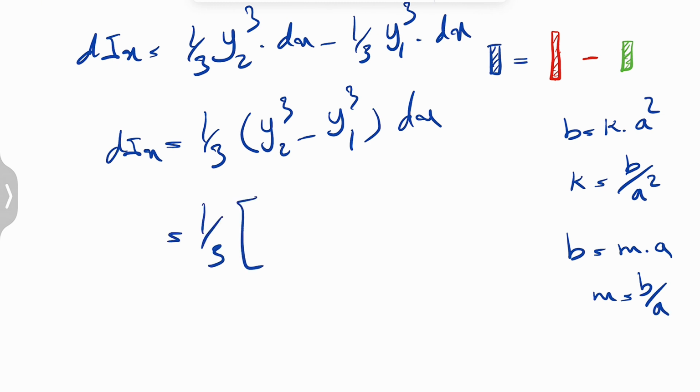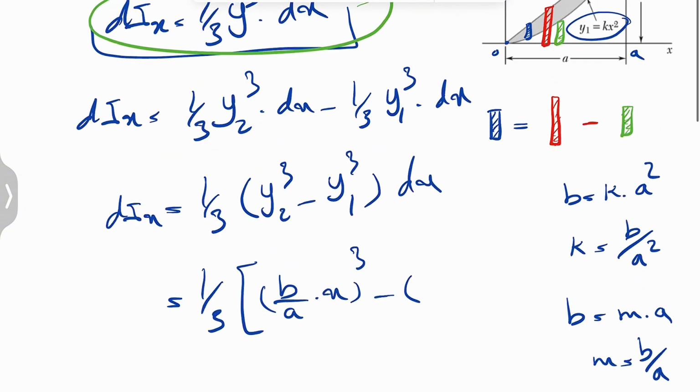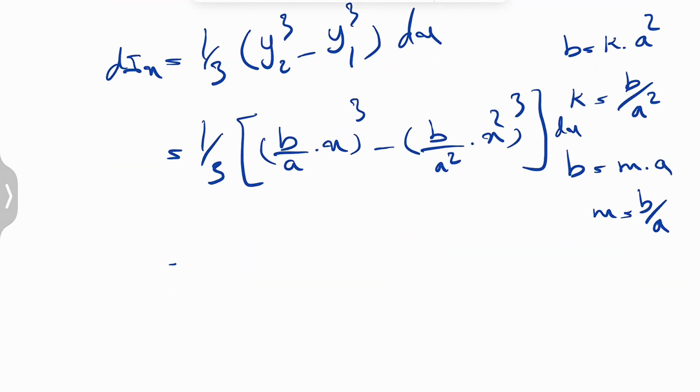We're going to have y2, which is mx all to the power of 3, so m is b over a, x all to the power of 3, minus y1, which is k times x squared, where k is b over a squared times x squared all to the power of 3, and we have dx in here. Let's simplify this a little bit.